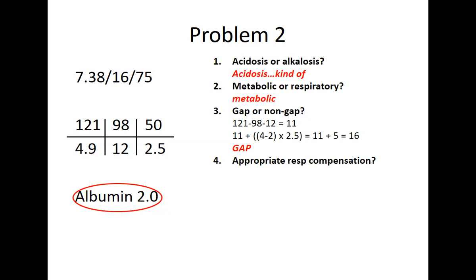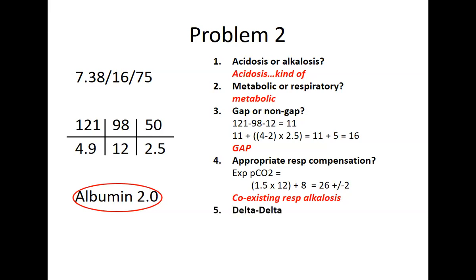So he's overcompensating, right? He's overbreathing. So he's hyperventilating. He's breathing his CO2 down further than he needs to. He's supposed to be around 26, but he's breathing it down to 16. So he's got a respiratory alkalosis on top of his metabolic acidosis, which is probably what's driving that pH back up, right? Okay, so he's got a gap acidosis with the coexisting respiratory alkalosis.